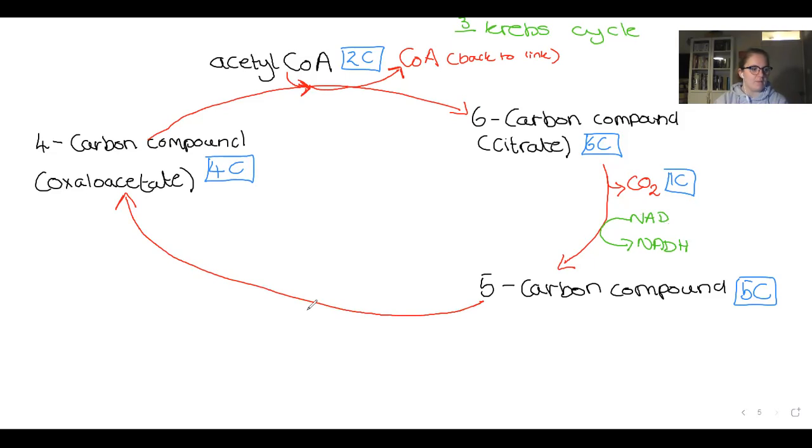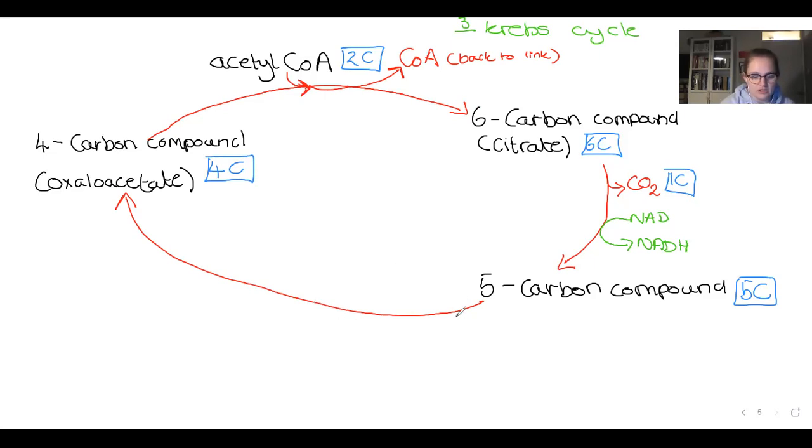So the 5-carbon compound is going to be converted to a 4-carbon compound, which is that oxaloacetate molecule. It happens through the decarboxylation and dehydrogenation of different molecules. So it happens reducing FAD and NAD. So I'm going to go through each one and what happens.